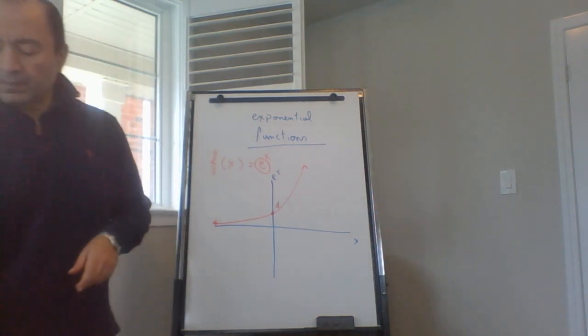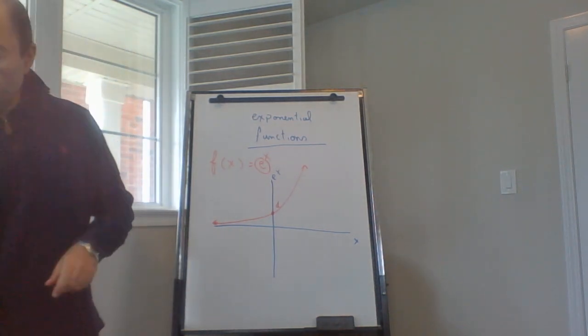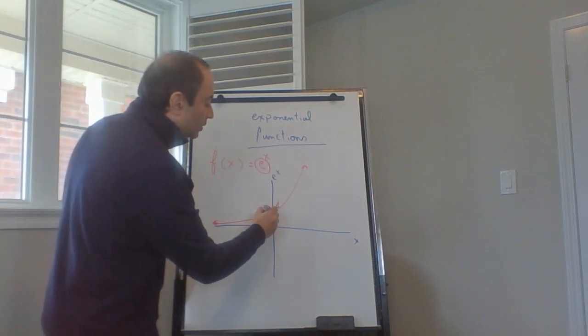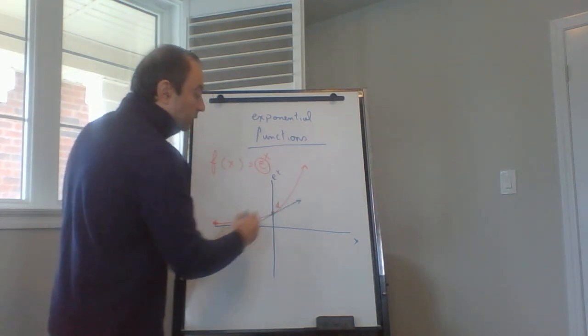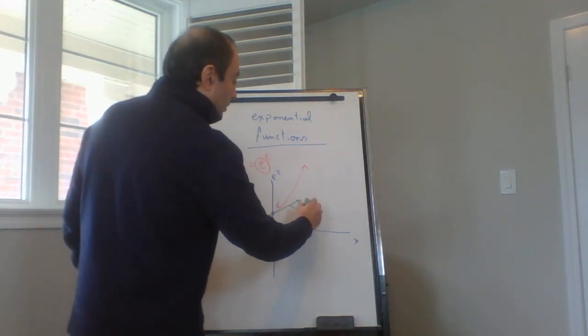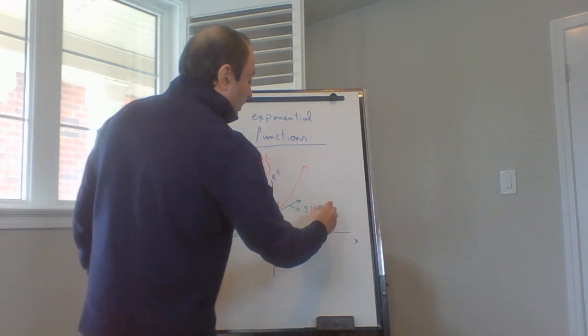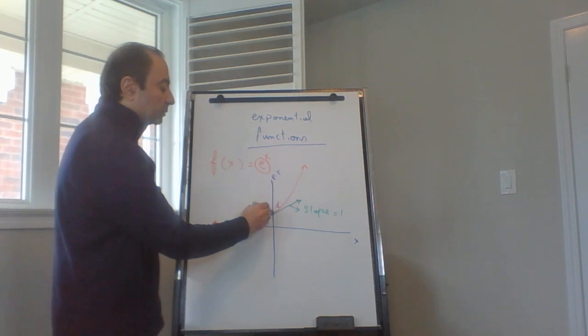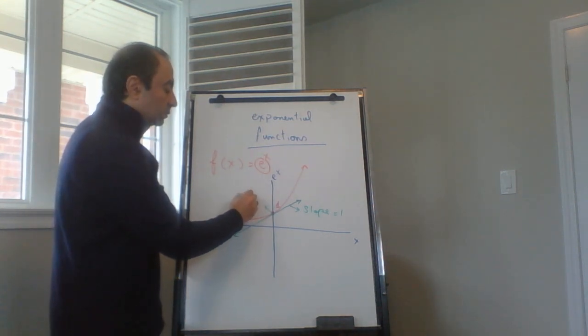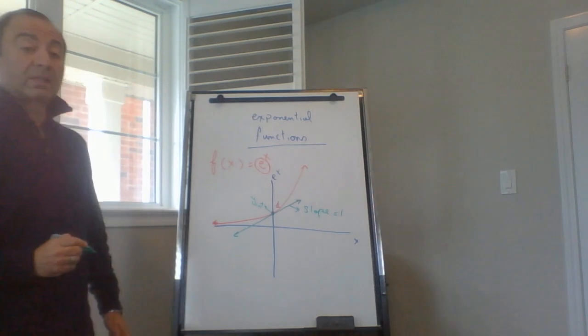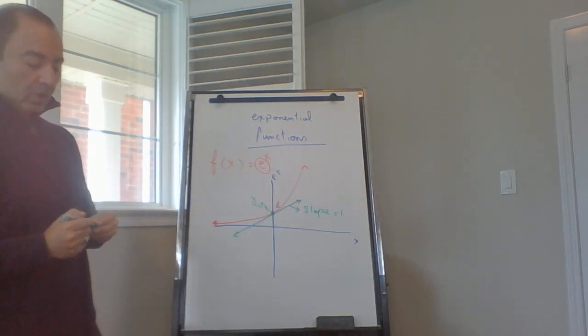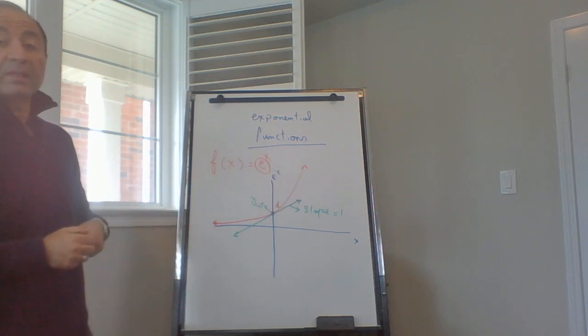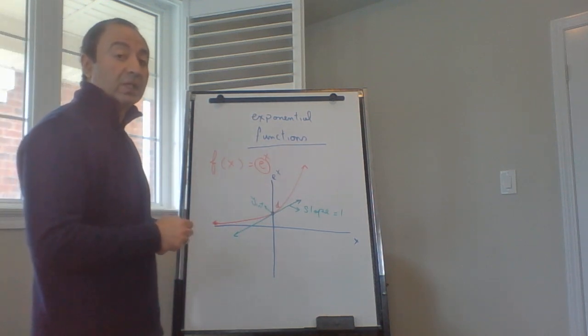The only difference is if we draw a tangent line to this curve at this point, the slope of the tangent line equals 1. The slope of the tangent at the y-intercept equals 1. So that is e. This is the graphical meaning and definition of e.